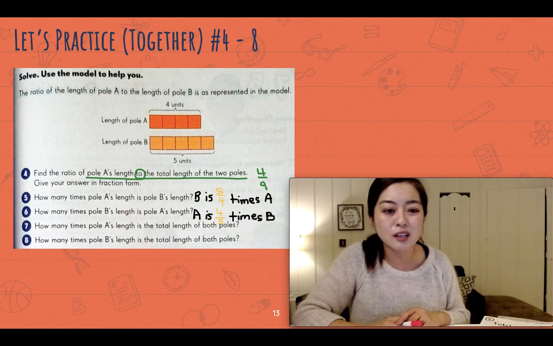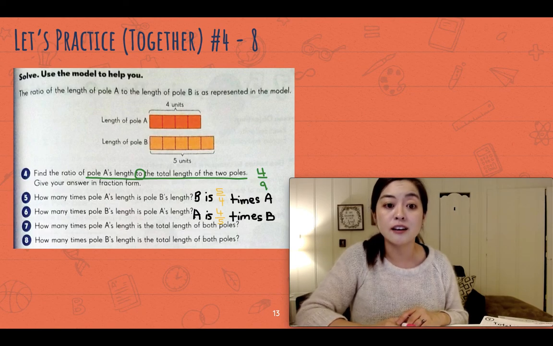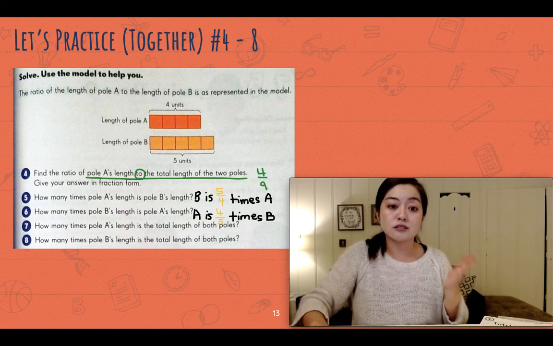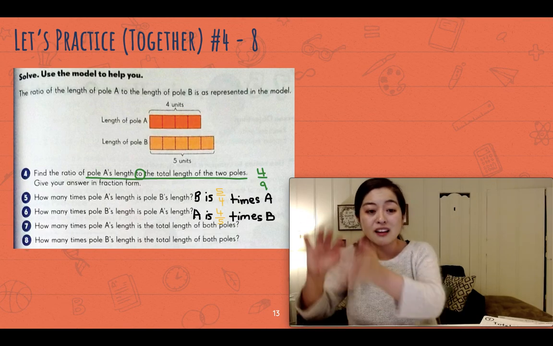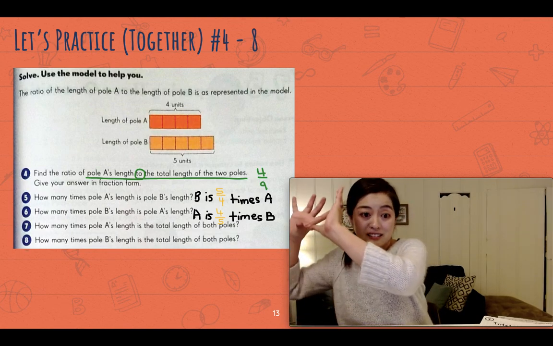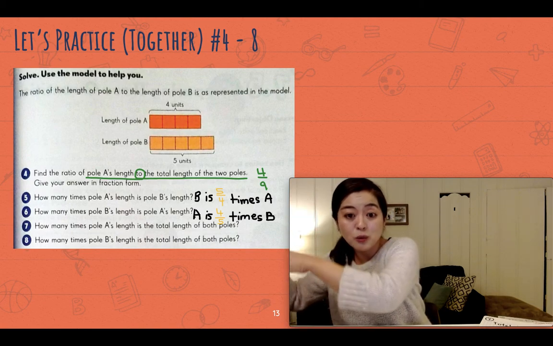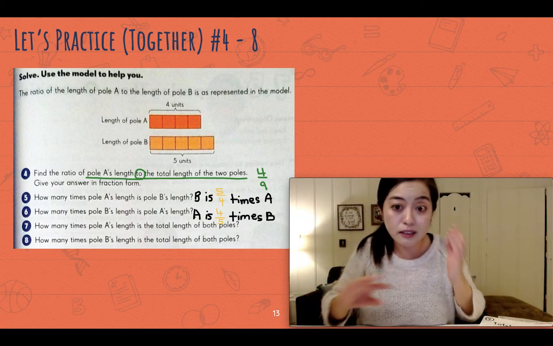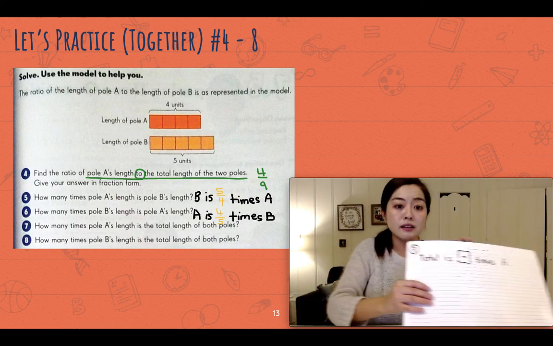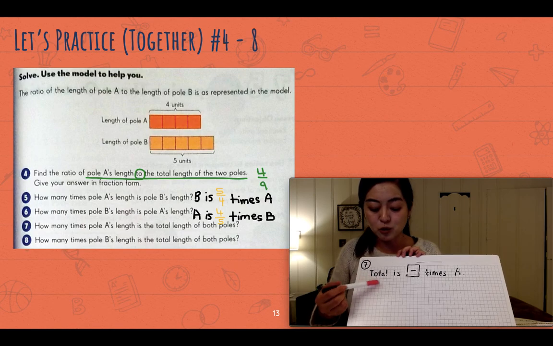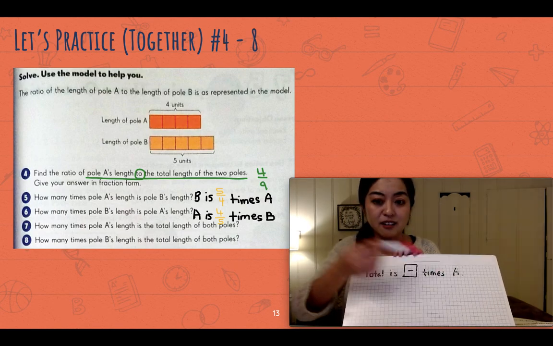All right, let's look at number 7. Okay, how many times pole A's length is the total length of both poles? So we're going to start our answer as the total length of both poles is something times pole A's length, right? So that's how we would answer our question verbally. And so in shorthand form, I just wrote this. Total is a fraction times A, okay?